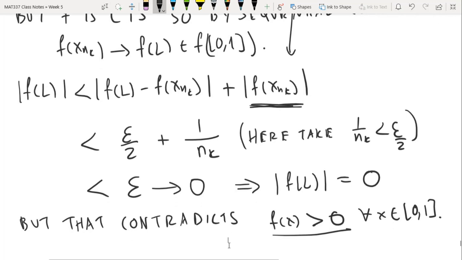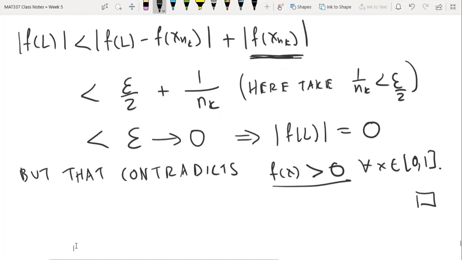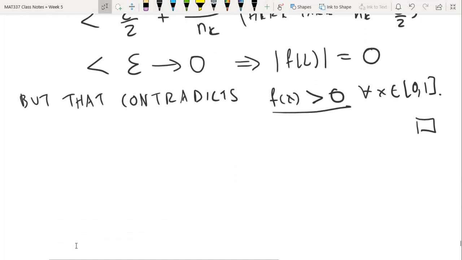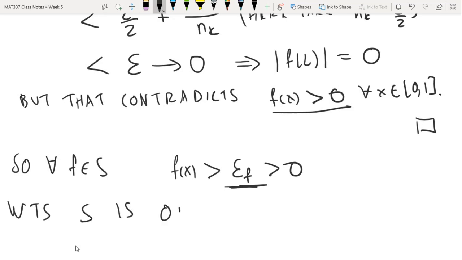All right. If you have questions, just tell me. I can go over things again, more slowly. So we proved the claim: for every f in S, f of x is bigger than epsilon f for some constant. Now we want to show S is open.